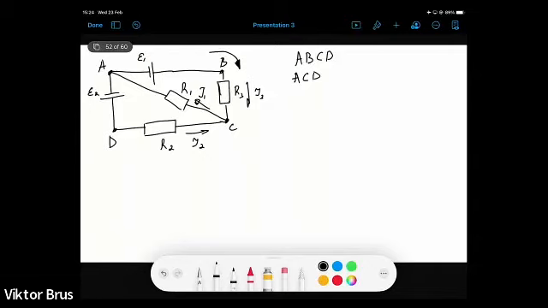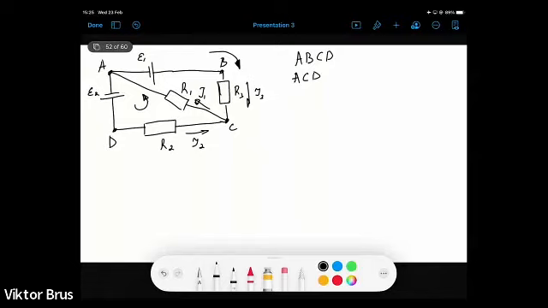And for the ACD loop, let us consider the counterclockwise direction. So once we define these conditions, we can see how we can apply Kirchhoff's rules.